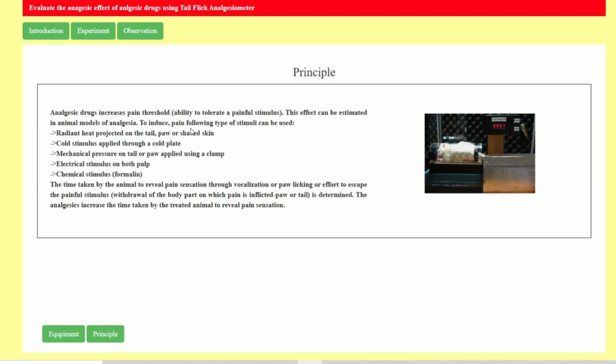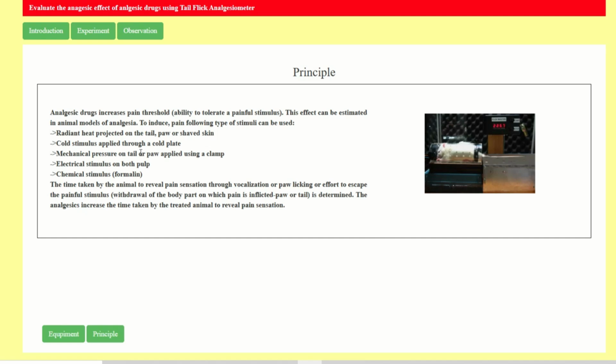To induce pain, the following types of stimuli can be used. Radiant heat projected on the tail, as we are doing here, and on the paw or shaved skin. Sometimes we have to remove the fur and focus the radiant heat there, or sometimes on the paw.